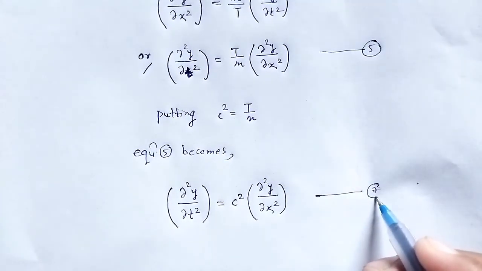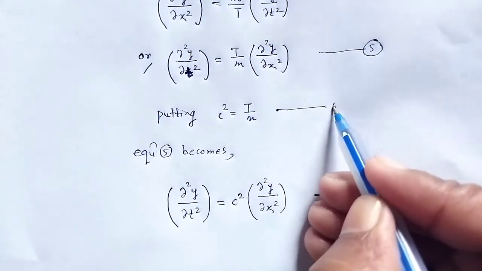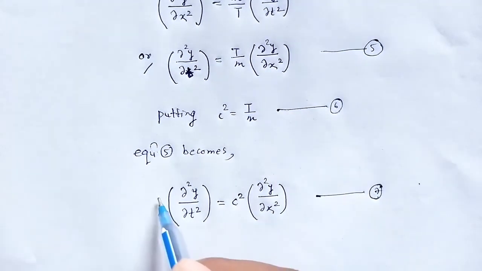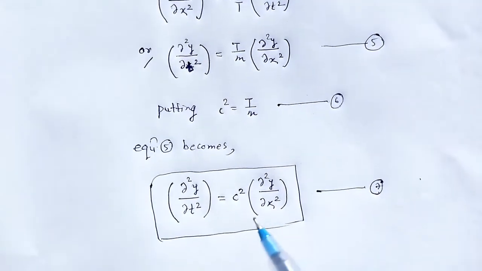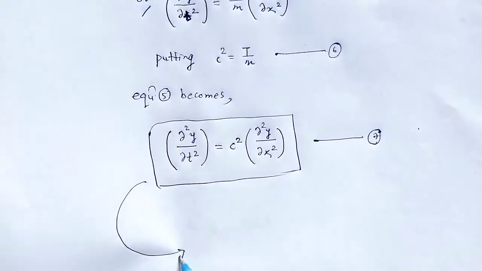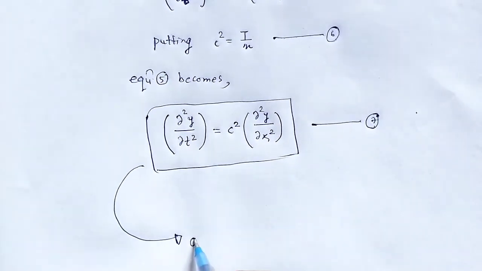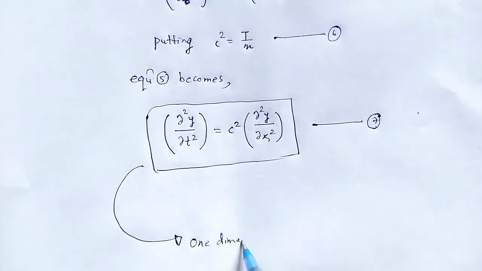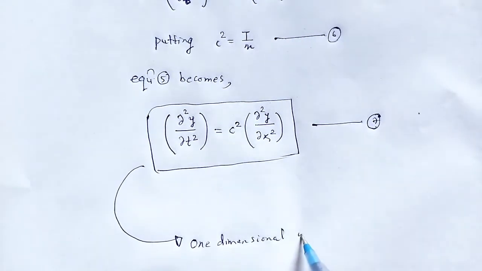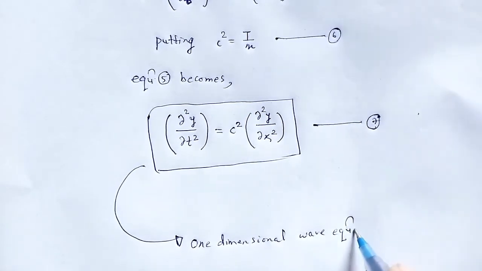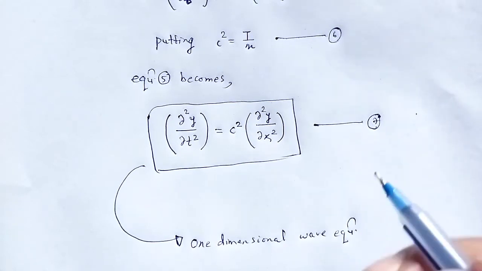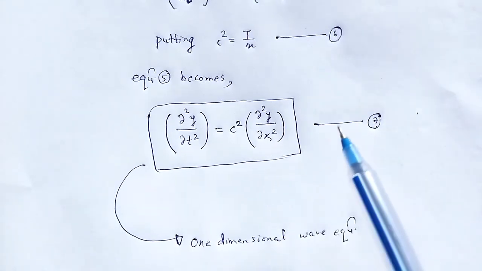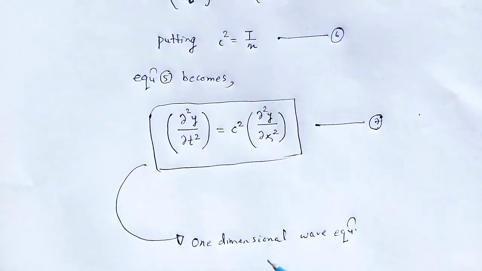That one is the required expression, equation number 7. This equation is known as the one dimensional wave equation, which governs the transverse vibration of a string.